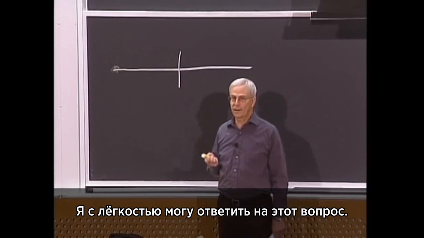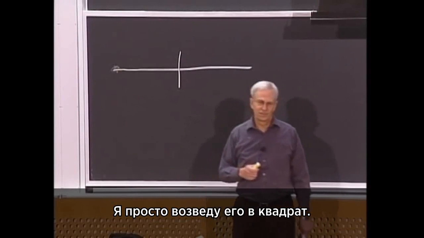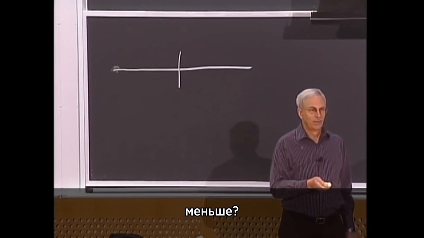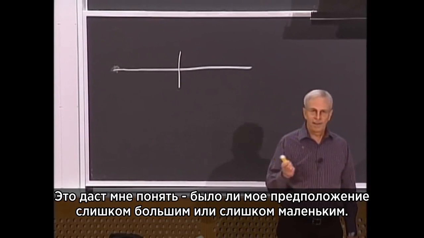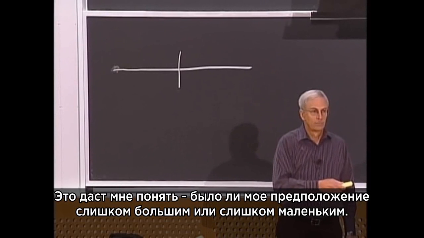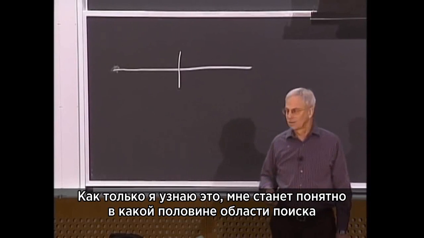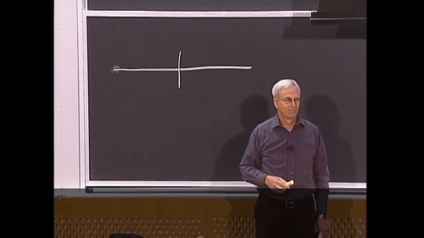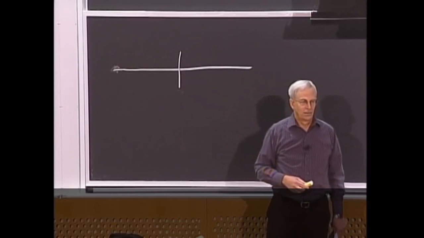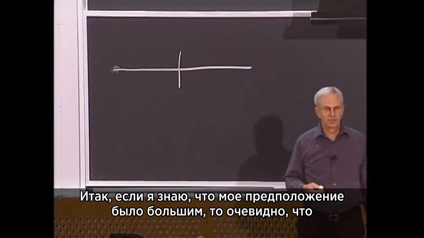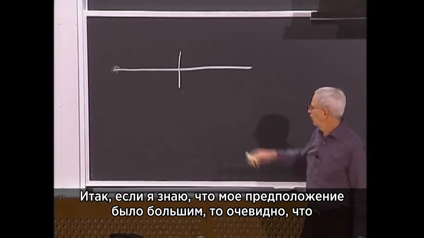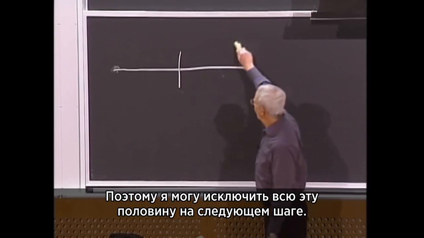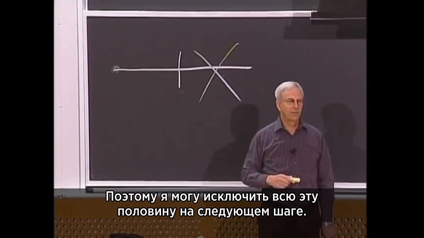I can easily answer that question. I square it, see is my result bigger than the actual square root or smaller than the actual square root. And that tells me whether my guess is too big or too small. Once I know that, I know which side of the guess the right answer is on. So if I knew that my guess was too big, then I know there's no point in looking over here for my next guess. So I can get rid of this whole half in one step.